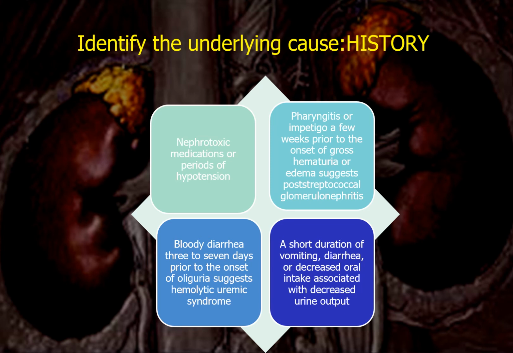Ask about the history of pharyngitis or impetigo a few weeks prior to the onset of gross hematuria or edema, which suggests post-streptococcal glomerulonephritis. In hospitalized patients, nephrotoxic medications or periods of hypotension are associated with intrinsic AKI.